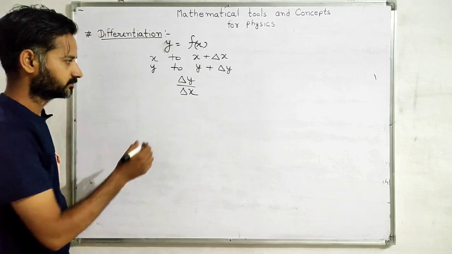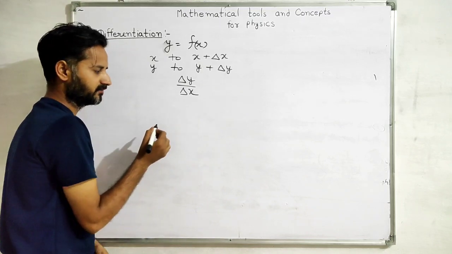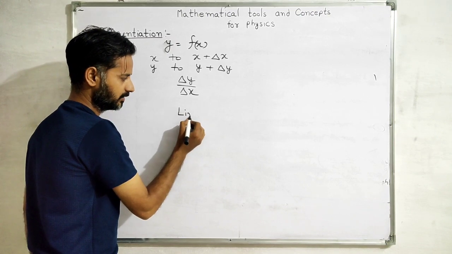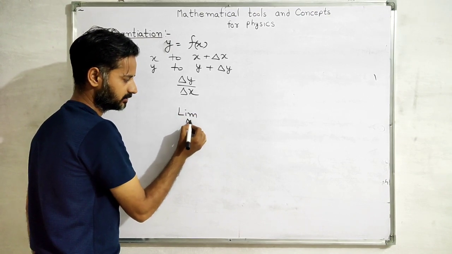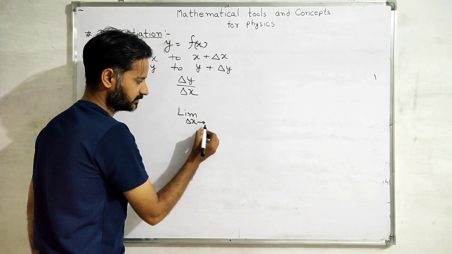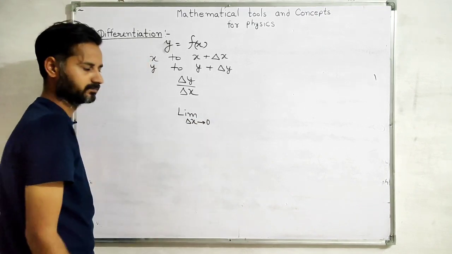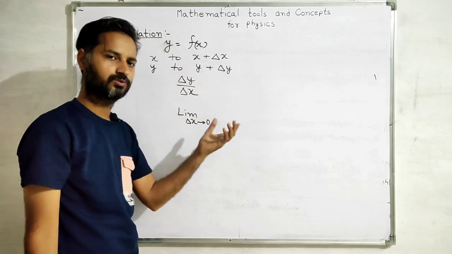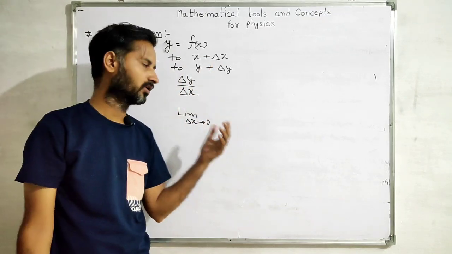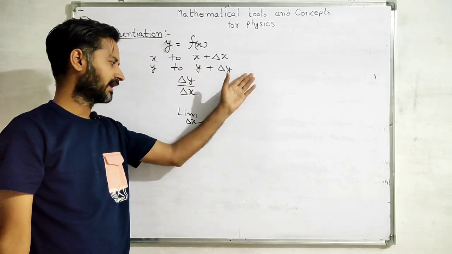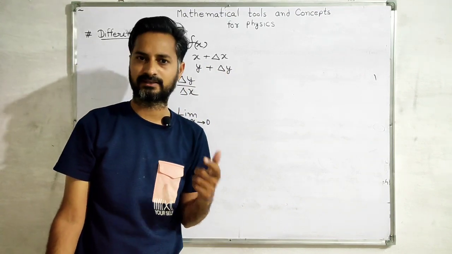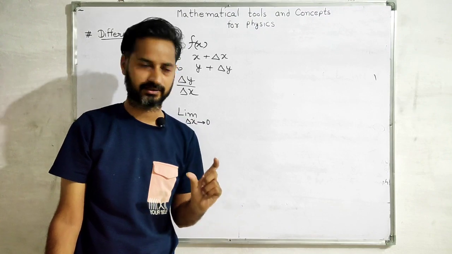Like if we say this delta x tends to 0. So the change in x, from x to x plus delta x, is very small, nearly zero, not equal to zero but nearly zero.